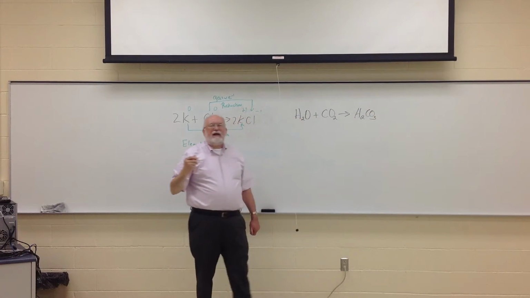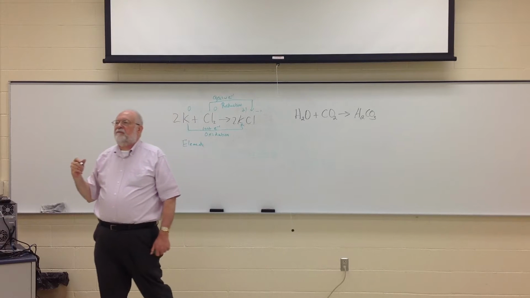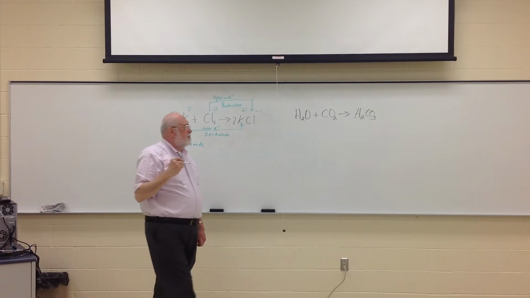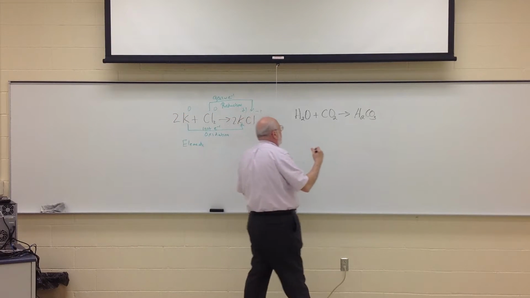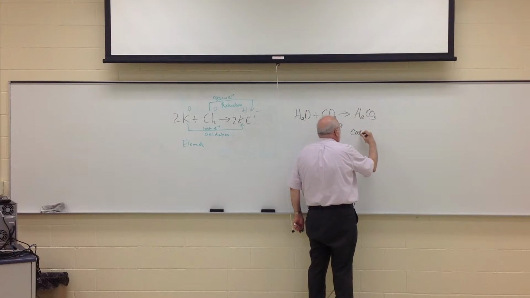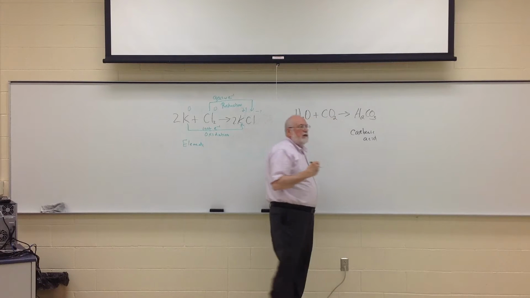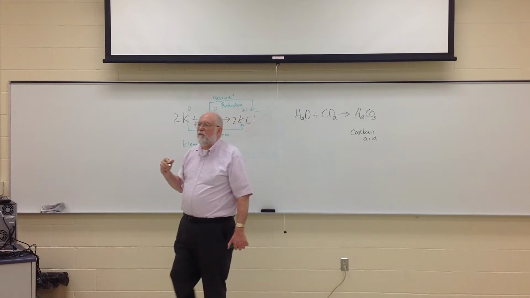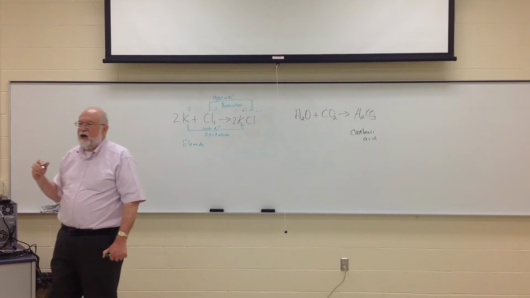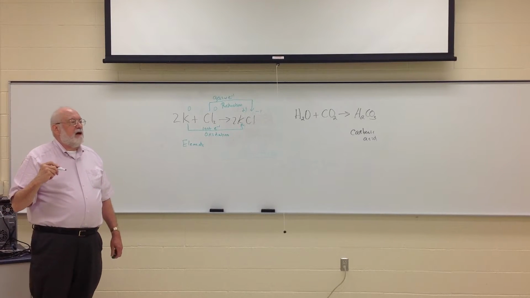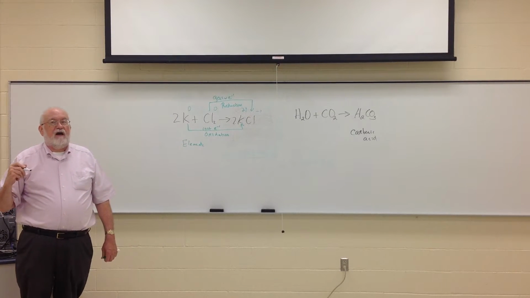What are our reactants this time? Water and carbon dioxide. That's right. The product is something we would call carbonic acid. And every time you go bubbling CO2 through water, you're going to make it.